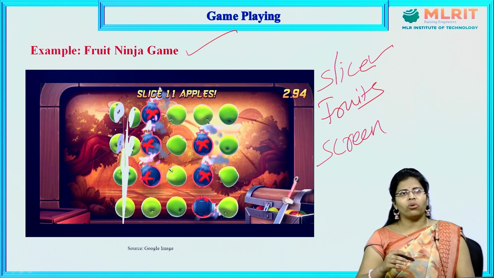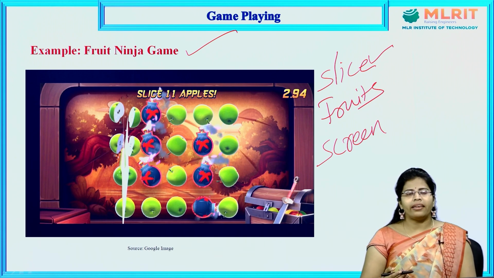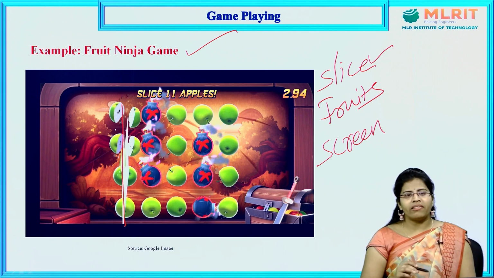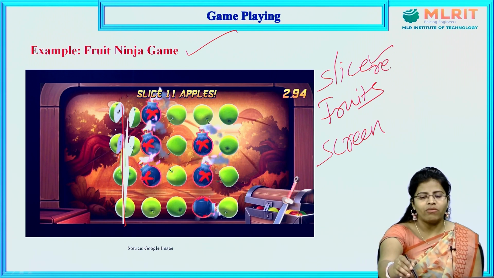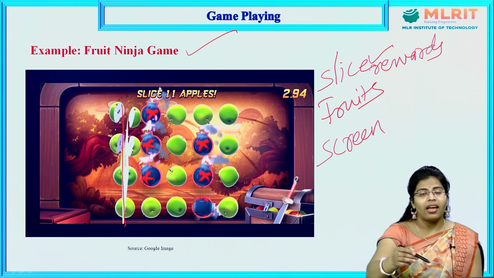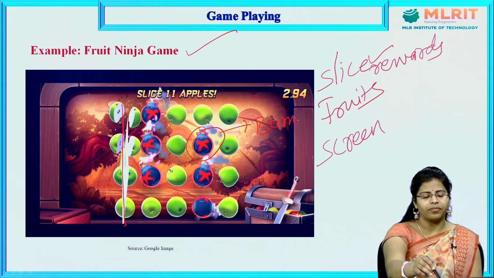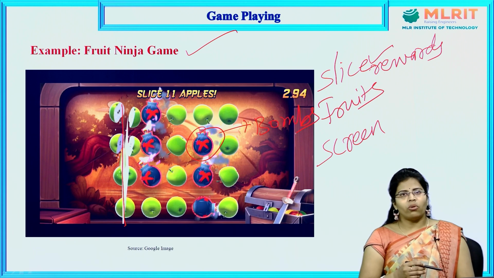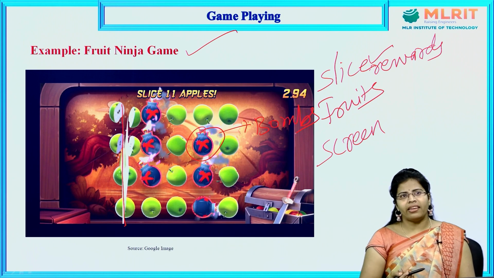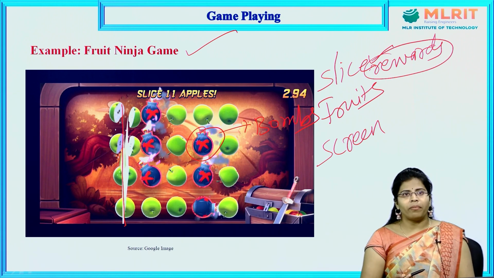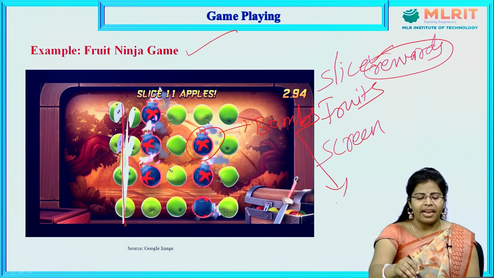The fruits are thrown in the air, and based on that, the agent needs to slice them. As many fruits as he slices, that many rewards he is going to get. And also, he should avoid these bombs. If he does not avoid the bombs, he is going to get a penalty for it.